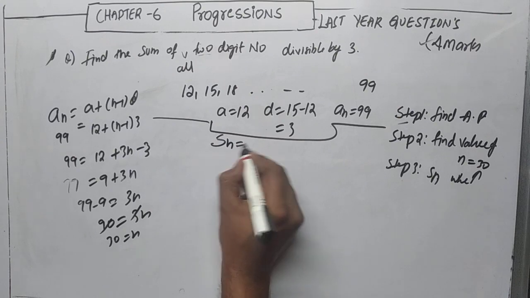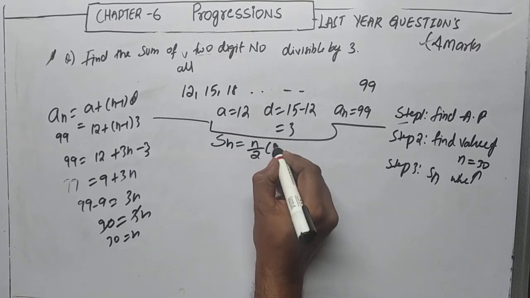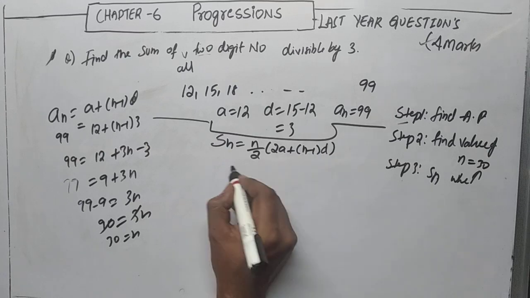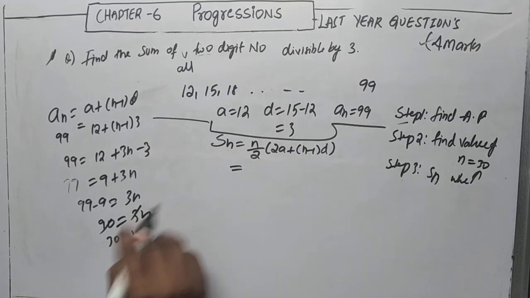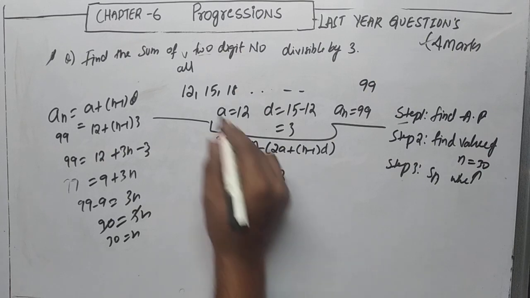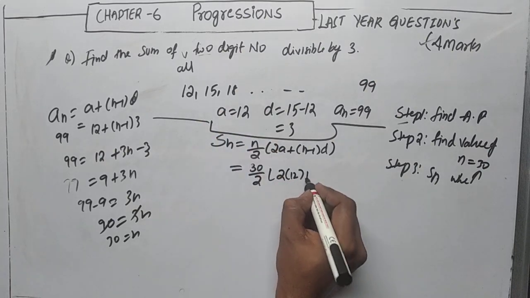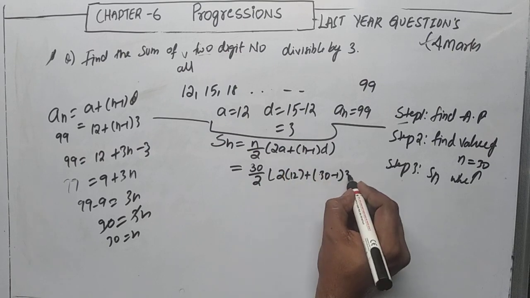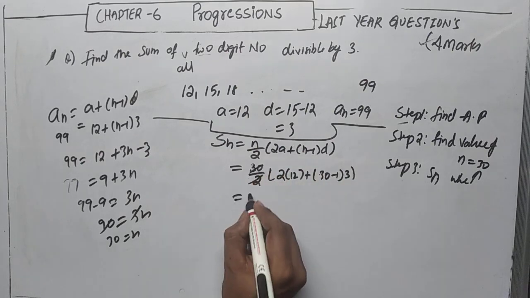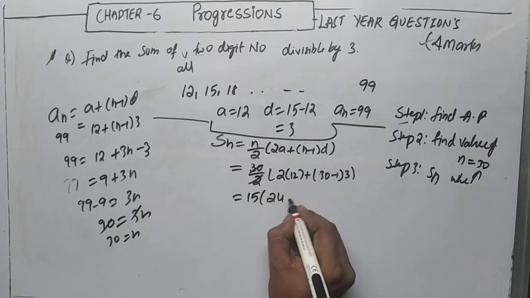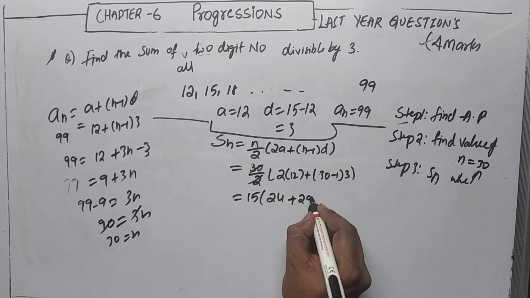Sn is equal to n by 2 into (2a plus (n minus 1) into d). Here the n value is 30. So 30 by 2, a value is 12, n minus 1 is 29, d value is 3. 2 12s are 24 plus 29 into 3.